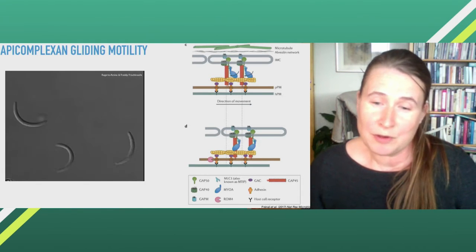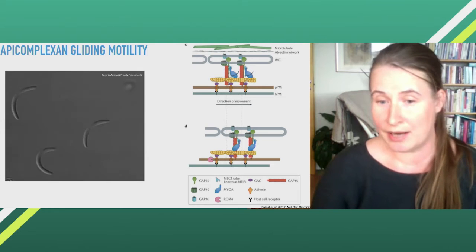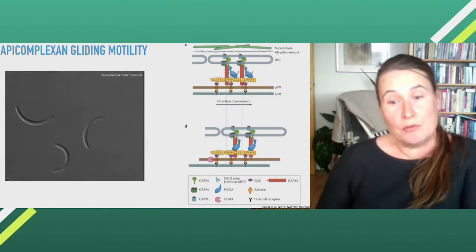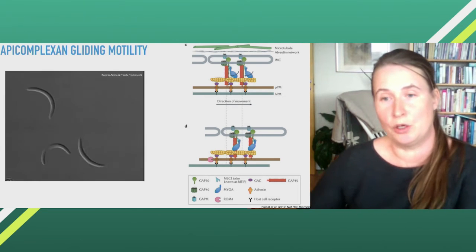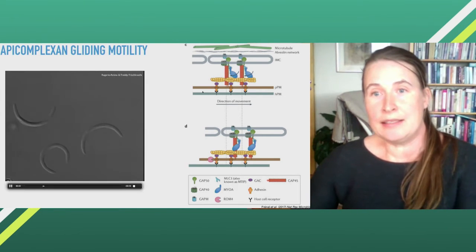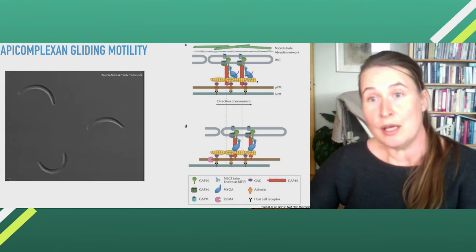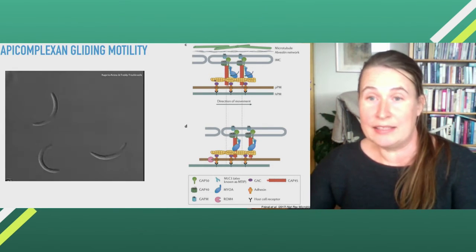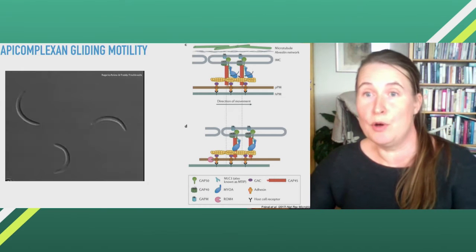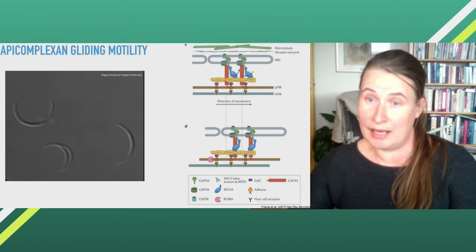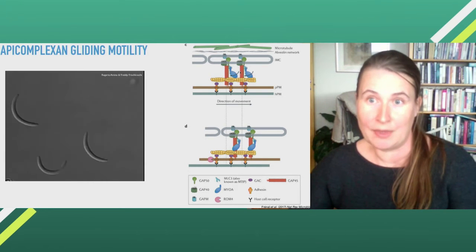For about 15 or close to 20 years, there has been a working model of how parasite motility could work. And this involves actin filaments, which you can see here as yellow, acting as tracks for a motor protein called myosin, which moves along actin and can produce pushing forces.